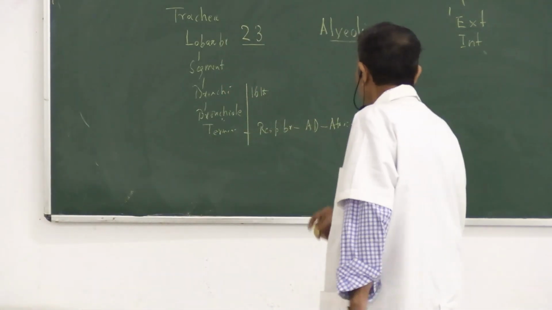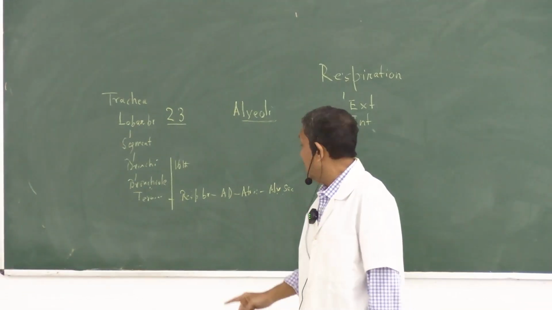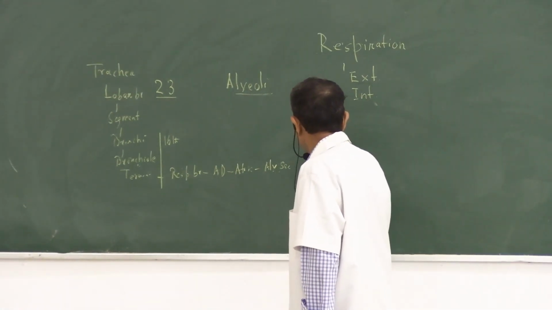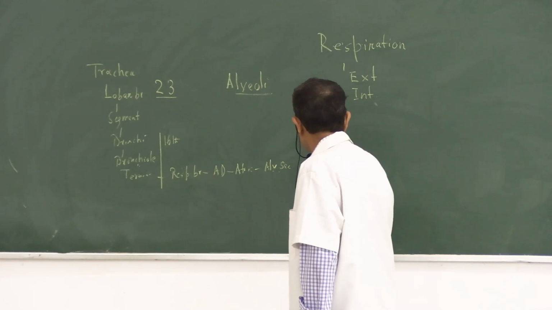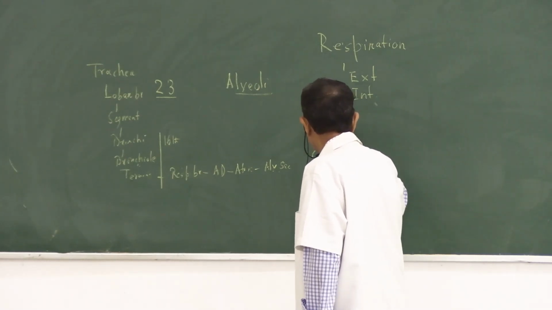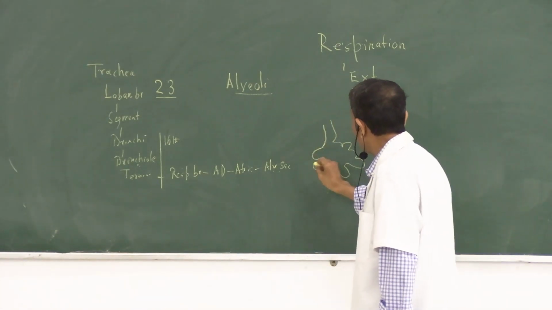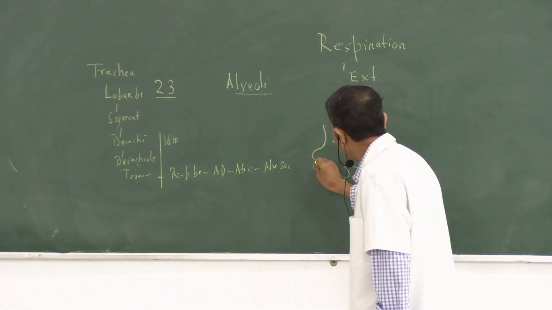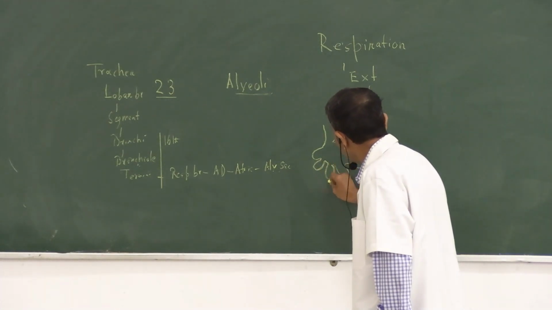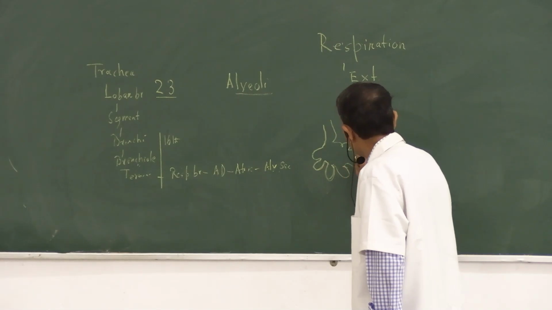And from the respiratory bronchiole onwards, there is sprouting of the alveoli. And in case of the alveolar sac, you see that this is in this way. Alveolar sacs, this individual part is the alveoli, and from the alveolar sac, this type of structure.